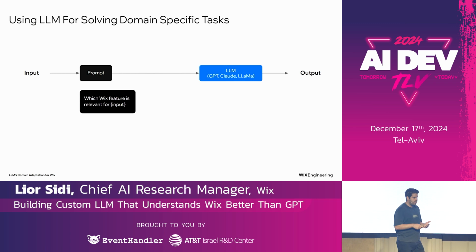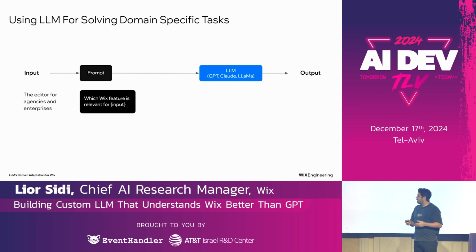For example, given a user, we want to understand which is the most relevant Wix feature for them. If I use GPT out of the box, and let's say the user is looking for an editor for building websites for agencies and enterprise, I put it into my prompt inputs and ask GPT, and I get an answer, what we call zero-shot inference.